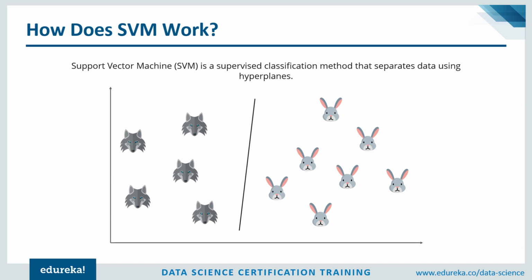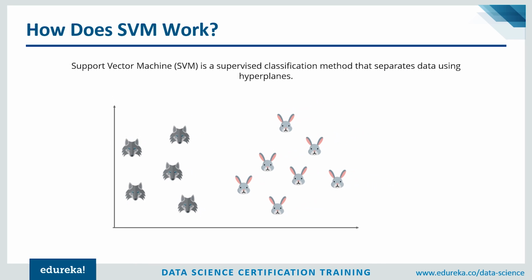In simple terms, this is exactly how SVM works. It draws a decision boundary, which is a hyperplane between any two classes in order to separate them or classify them. Now I know you're thinking, how do you know where to draw a hyperplane? The basic principle behind SVM is to draw a hyperplane that best separates the two classes. In our case, the two classes are the rabbits and the wolves.